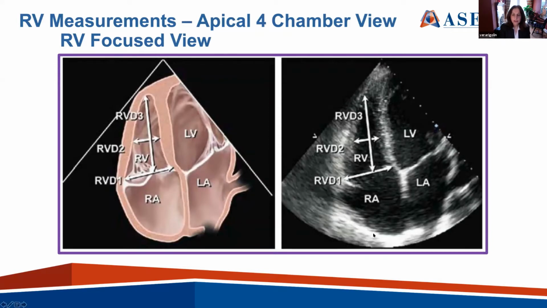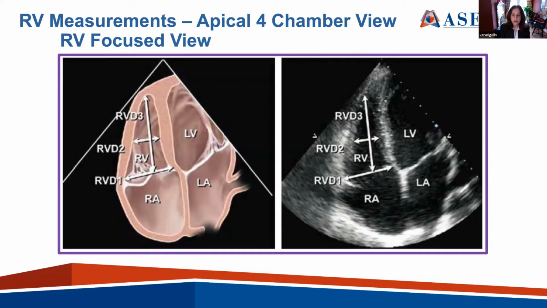And you see that this is not a standard apical 4-chamber view. It is tilted so that the right-sided chambers are centered in the center of the screen, and then the left ventricle is off axis, so this is not an optimal view to look at your left-sided chambers.